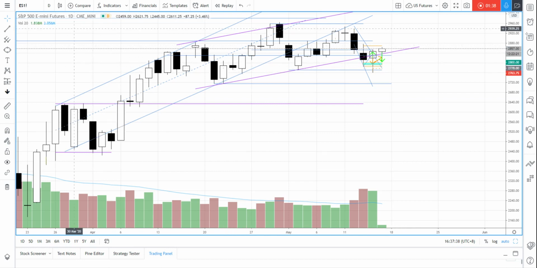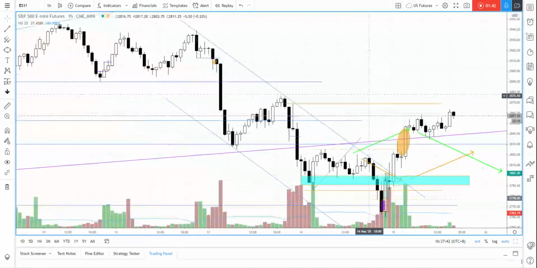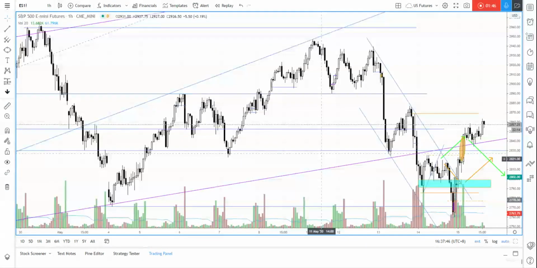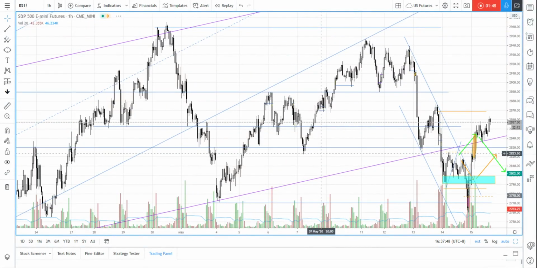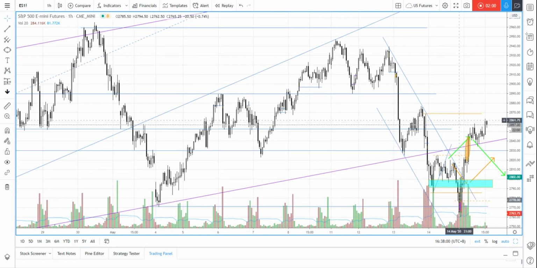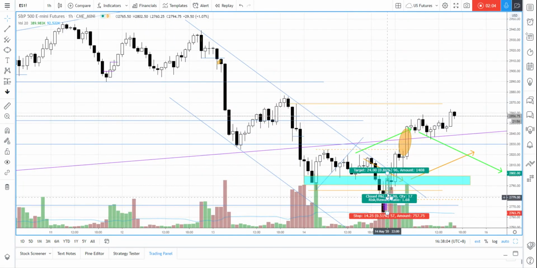Let me get into H1 so you get a better view here. If I zoom out a bit more, you can see that the prior swing low was formed on the 4th of May at 2771, and yesterday, just at the opening session, we have a dip below 2771 followed by a reversal up.